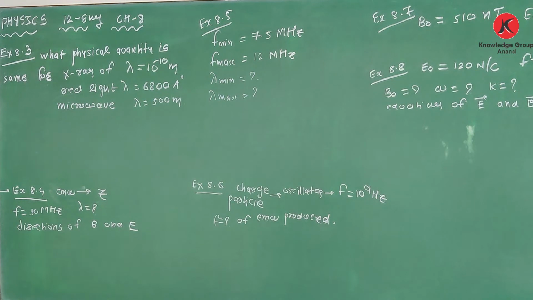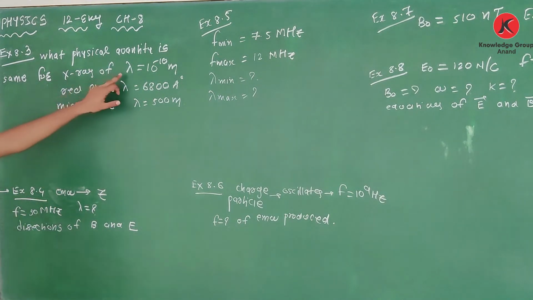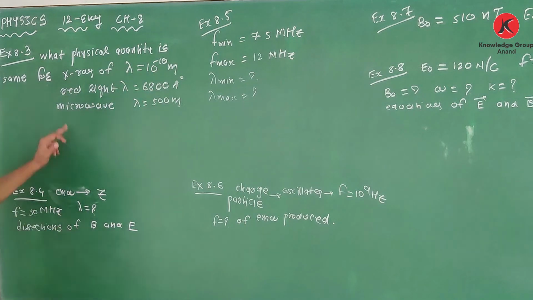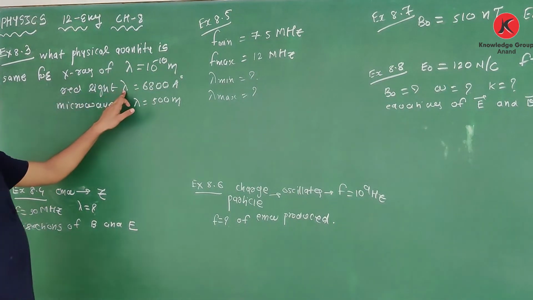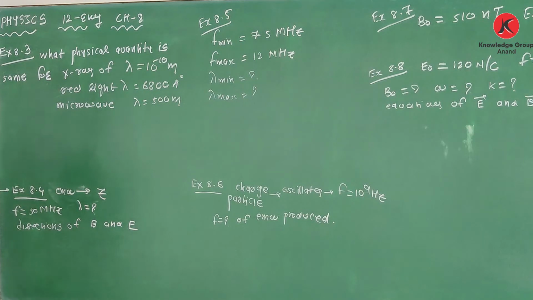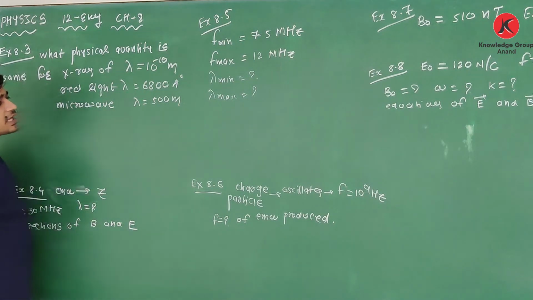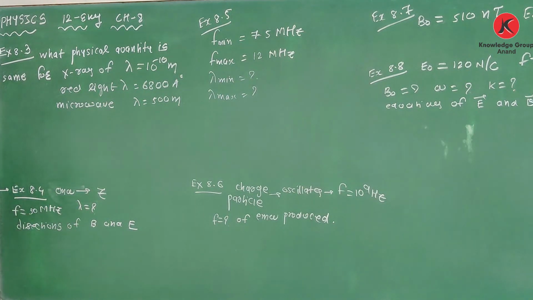Next question. Exercise 8.3. What physical quantity is the same for X-rays of wavelength 10 raised to minus 10 meter, red light having wavelength 6600 angstrom, and microwaves having wavelength 500 meter?